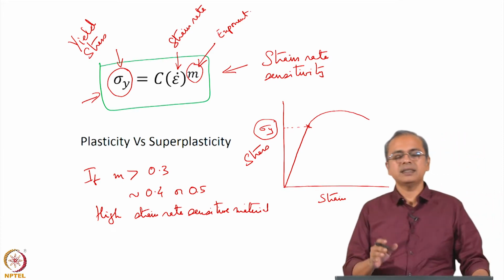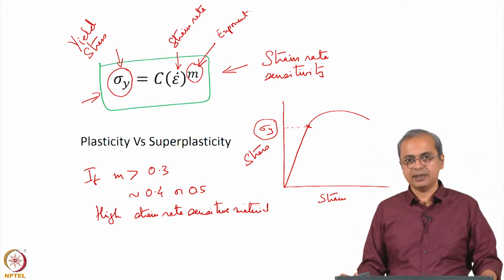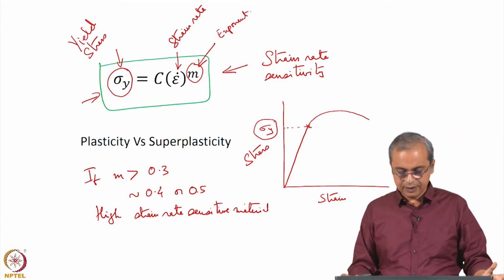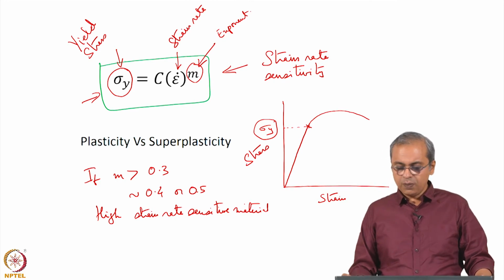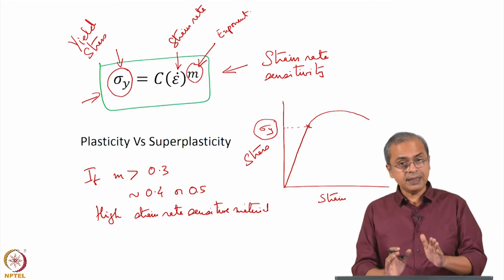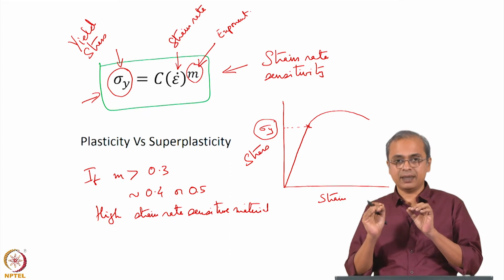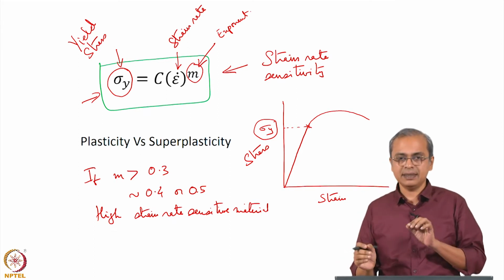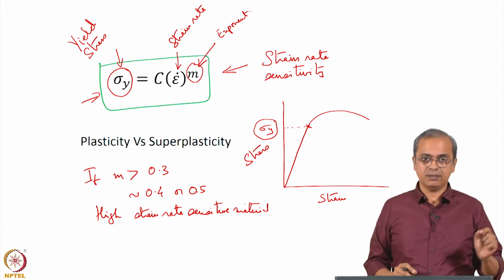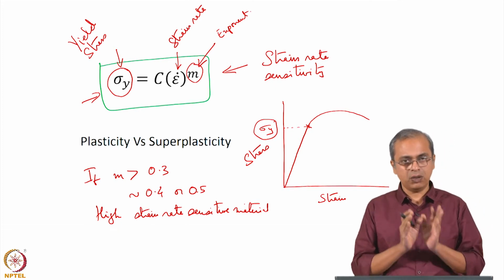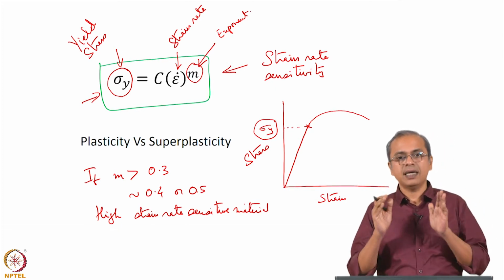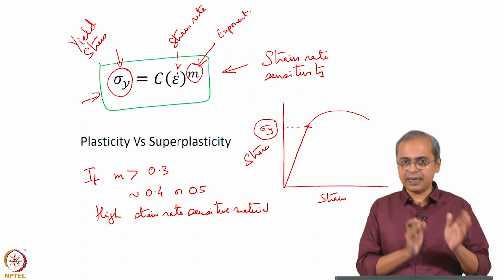So, the strain rate sensitivity of the material is high is the way it is described. So, this is a phenomenon that shows. It means that if the strain rate increases, the yield stress increases. If you do this experiment at low strain rate you get one yield stress, if you do it at higher strain rate you get another yield stress.